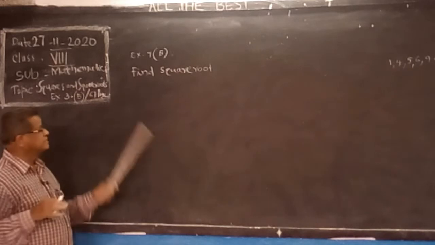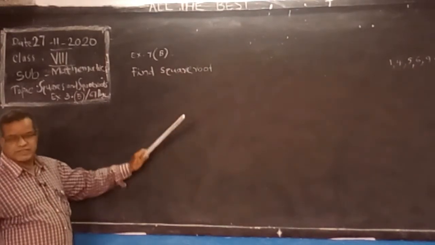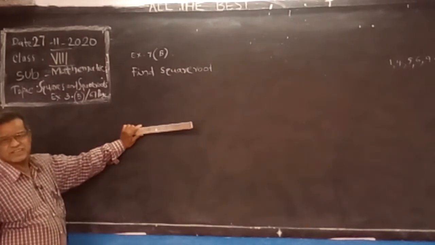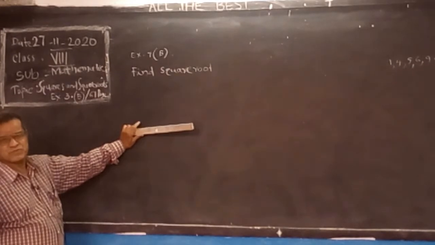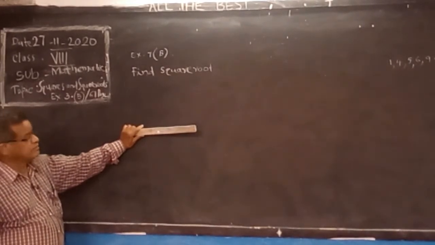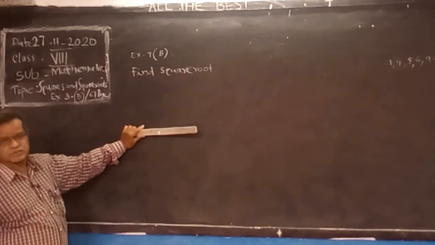So like this, when a square number is given, let us find the root, from which number the square it is coming. So for every square number, we can find its square root.